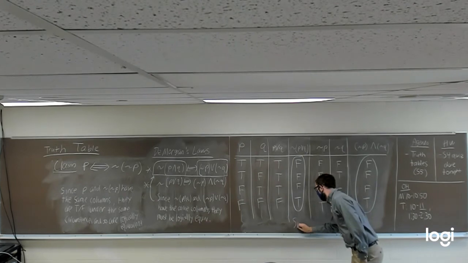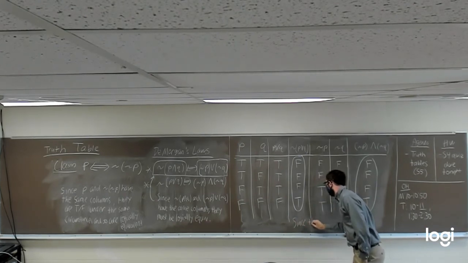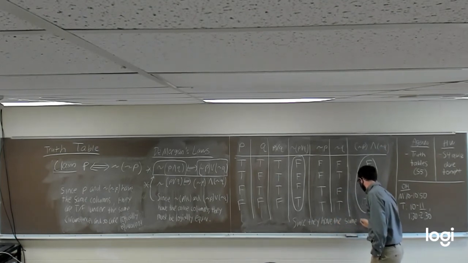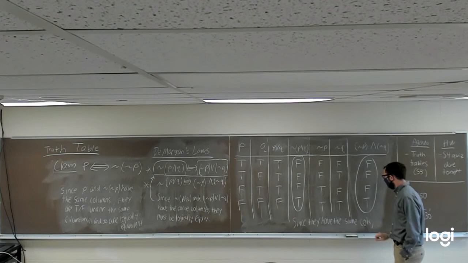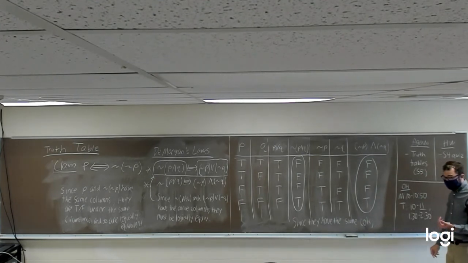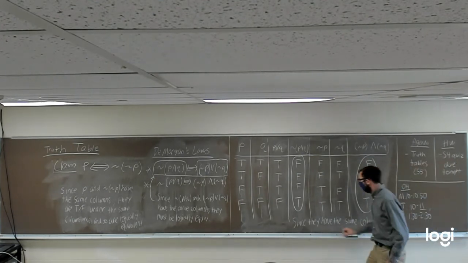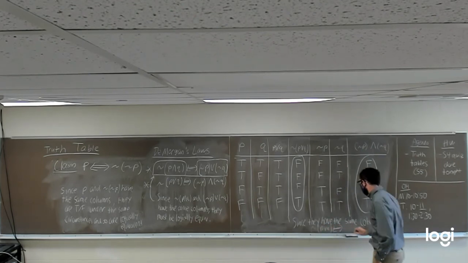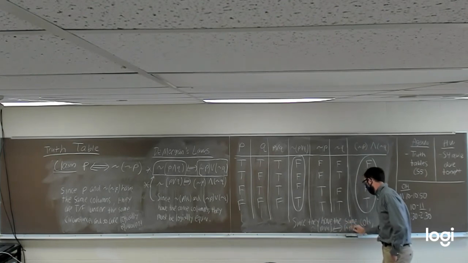So since they have the same columns, we can say they are logically equivalent. The negation of P or Q is in fact logically equivalent to not P and not Q.